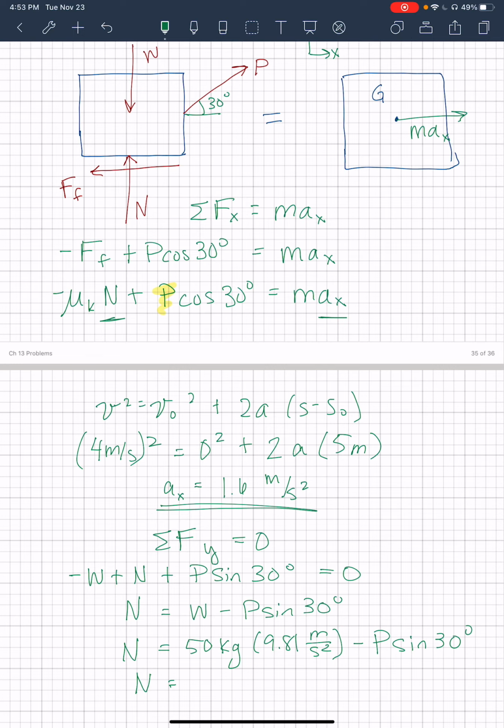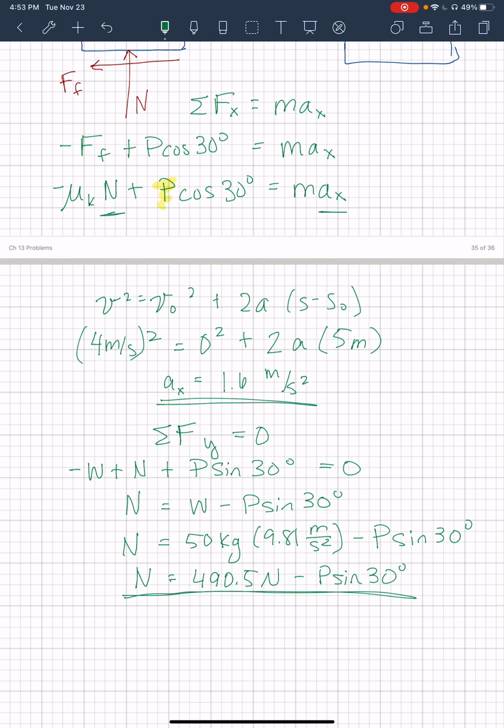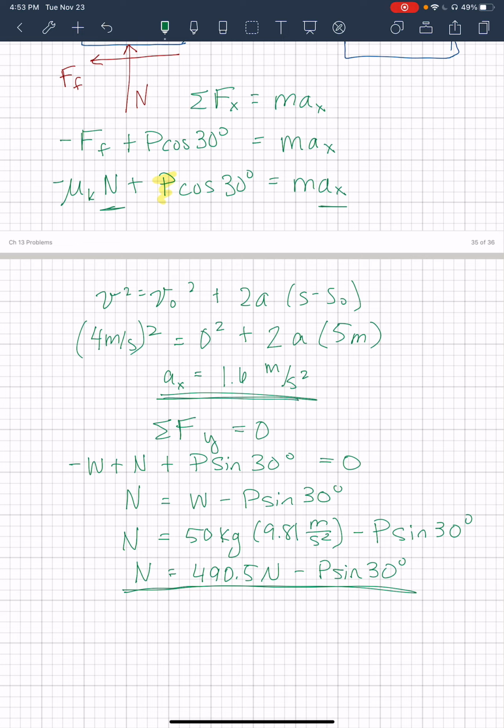I'm just going to simplify 50 times 9.81 a little bit. So that's 490.5 newtons minus P sine of 30 degrees. So now we can put that a_x and that N into the equation from above.